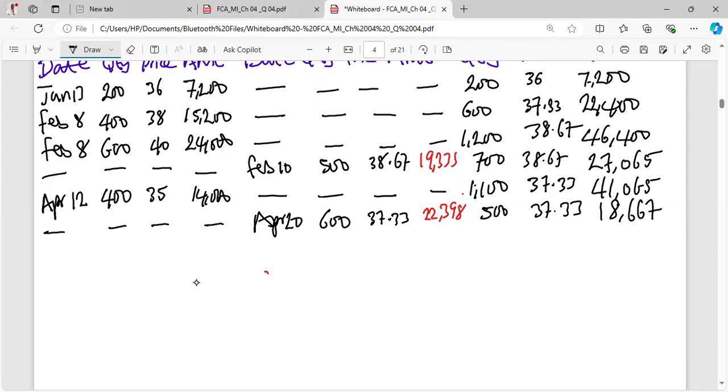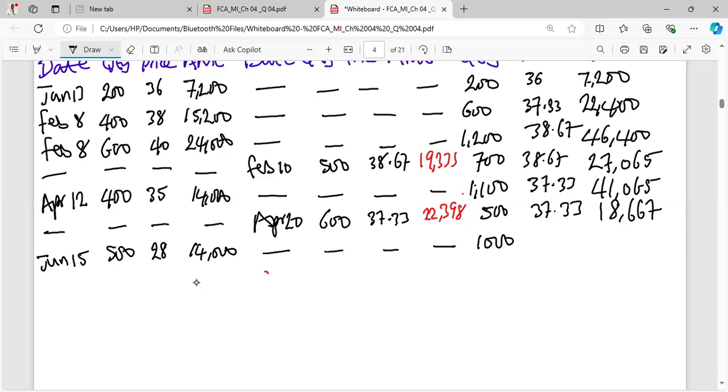After April 20, we have June 15. June 15, 500 was issued at 28, which gives us 14,000. So this will give us 1,000.